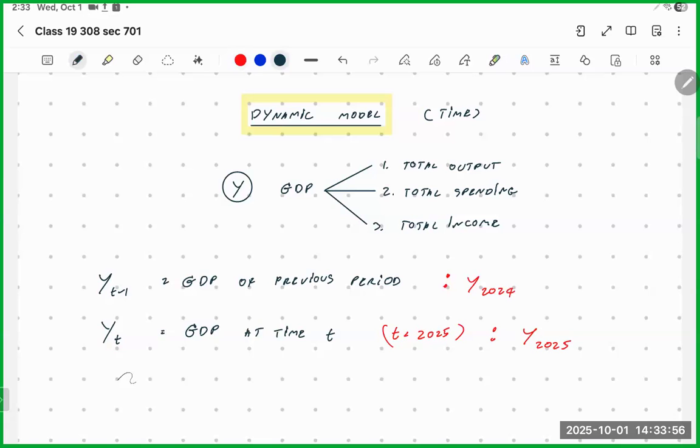If I write Y_t plus 1, this is going to be the GDP of the next period. If Y_t is 2025, Y_t plus 1 is going to be the GDP of 2026. So right now we have time in the model. We have t minus 1, t plus 1, which indicate the time periods.